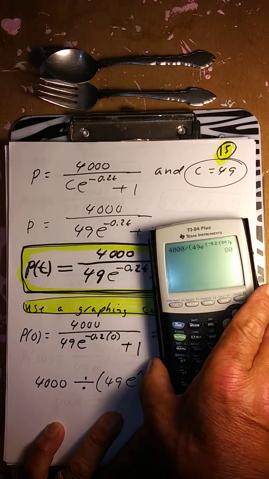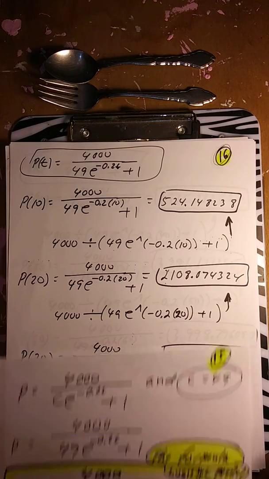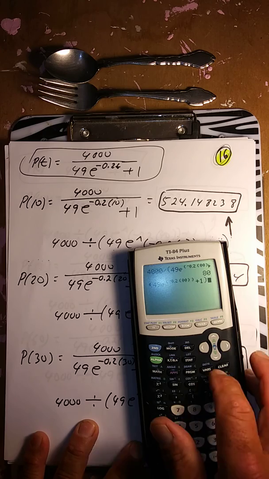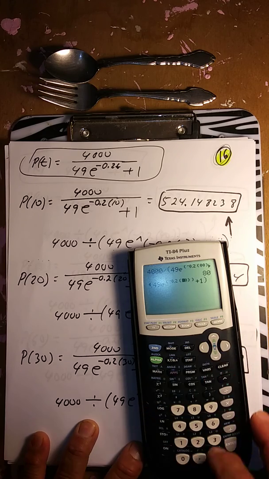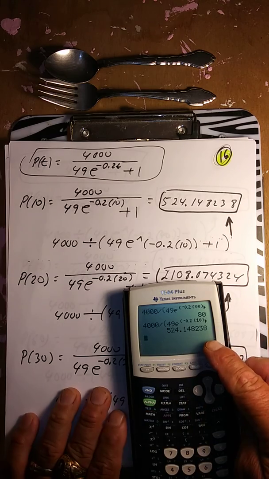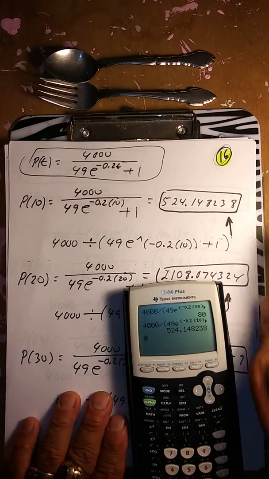Let's go to the next page. What would happen if you put a 10 in there? Second ln, put a 10 in there. We get 524.148238. There it is.